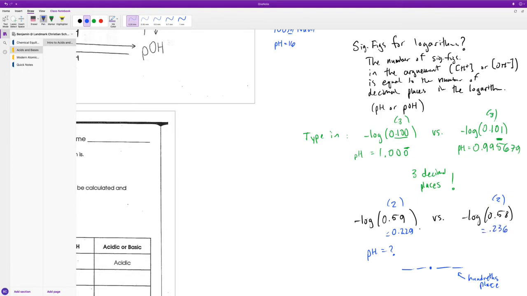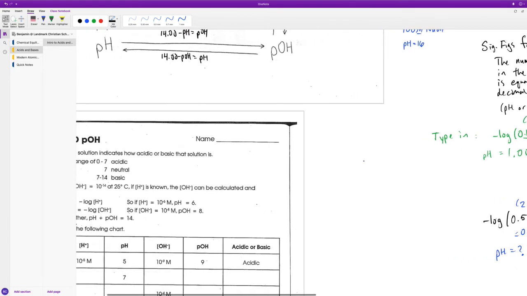Okay, and so where are we seeing the variation? This one and this one, right? So it's off in the second decimal place. So I would round this one to 0.23 for the pH, and this one I would round it to 0.24 for the pH. Okay, so that's the rule for significant figures for logarithms.